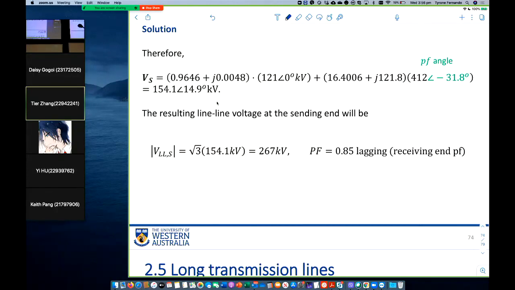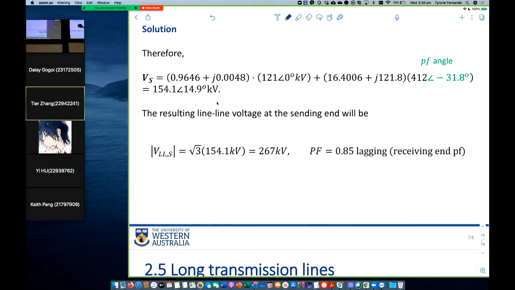We have the phase voltage, which is 154, and we can work on the phase values, that's fine. The phase value at the receiving end was 120. Or we can work with the line-to-line values, which is also fine because they are out by the same factor anyway. So now the voltage is going to rise from the 121 phase value to the 154 phase value.